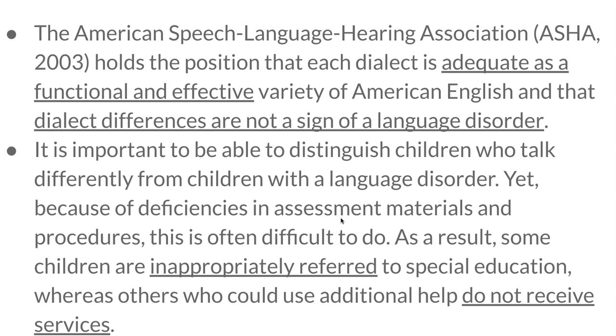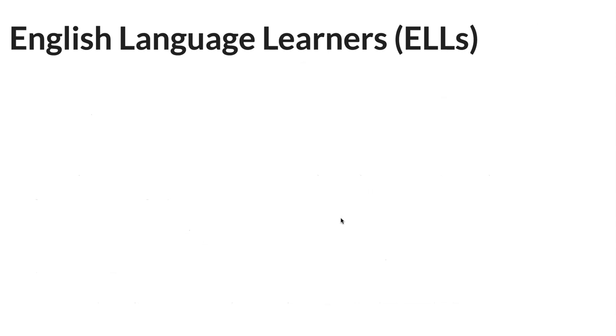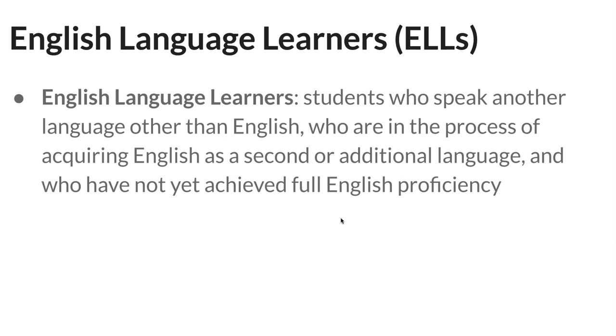So kids who speak different dialects are going to be more likely to be under-referred or over-referred. So you'll get more kids referred as having a disorder who don't have one, and you'll get more kids who do have a disorder not being referred, right? So it's really important that we have a good understanding of, all right, what's a dialect, what are the dialect differences, and then what are the actual disorders.